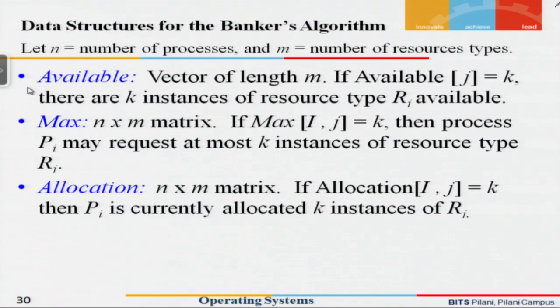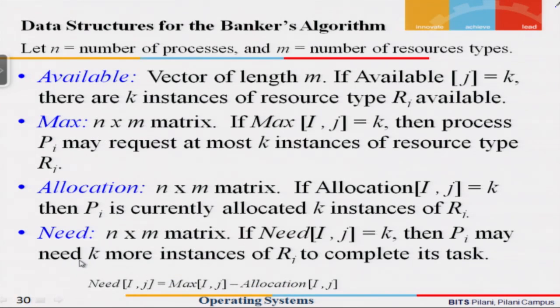In addition to this, we compute something known as the need matrix. From max and allocation, we compute the need. The need matrix defines the remaining need of a process.